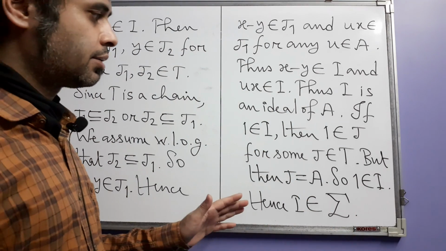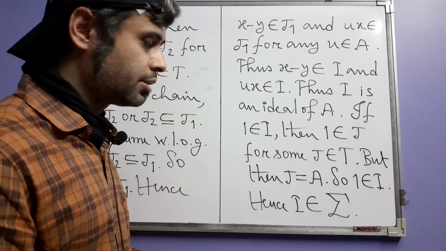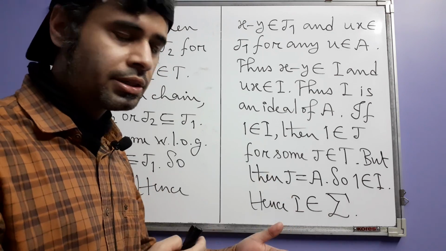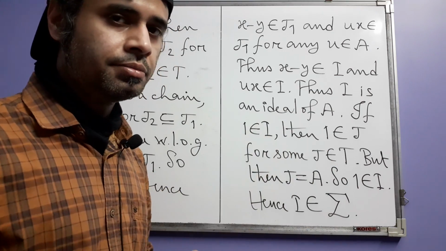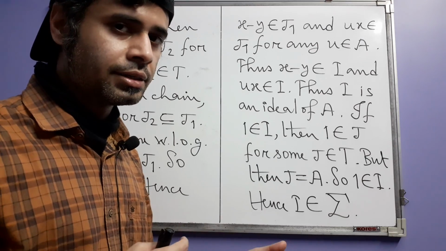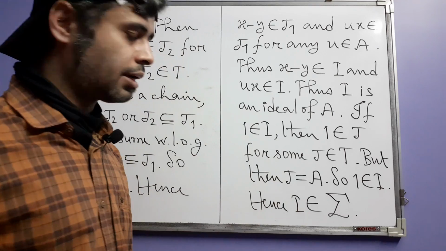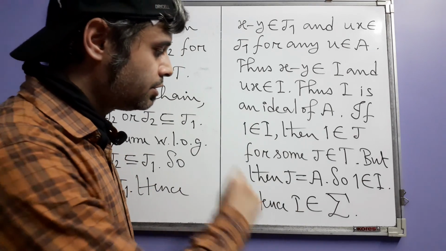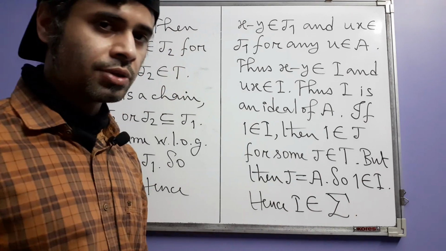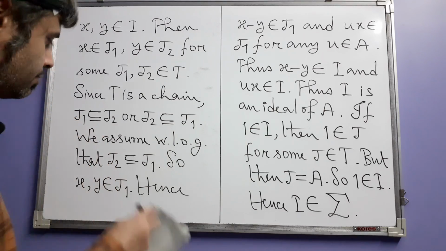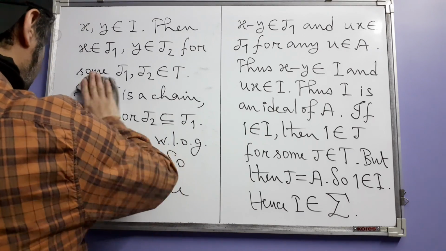Now note that I by definition is the union of all the elements of T. All the ideals which are elements of T, they unite and give us I. So obviously each one of them will be a subset of I, that comes directly from what I is.